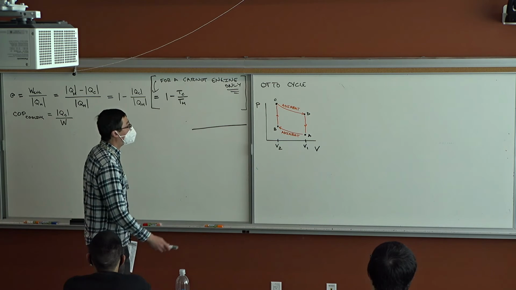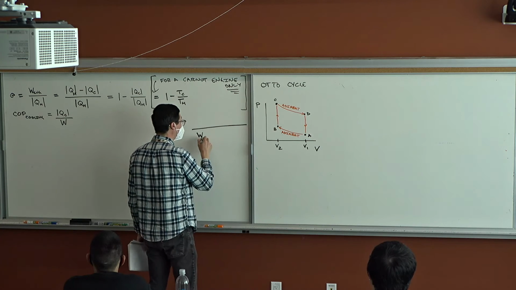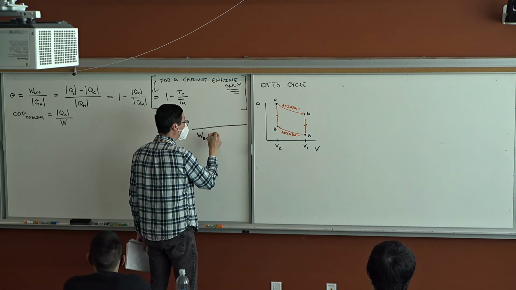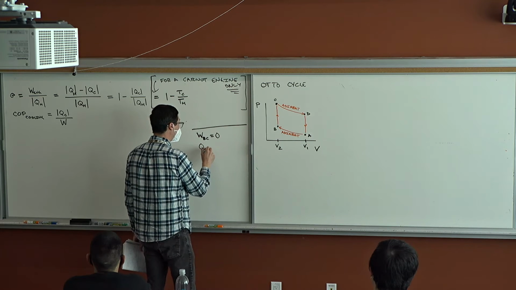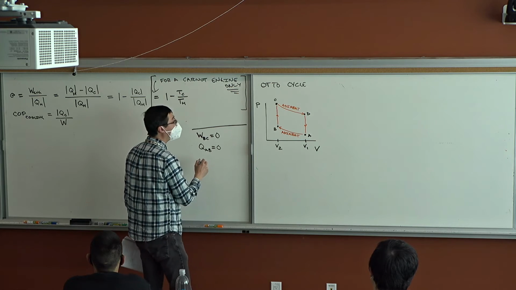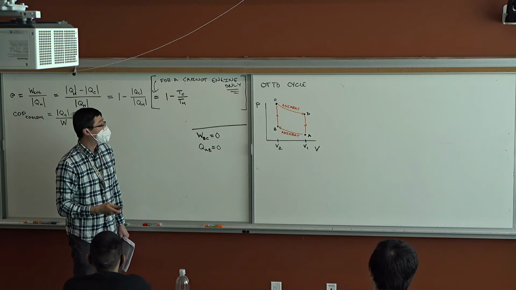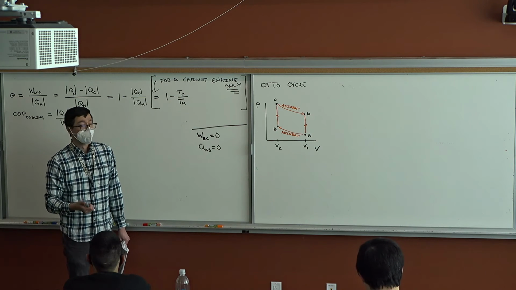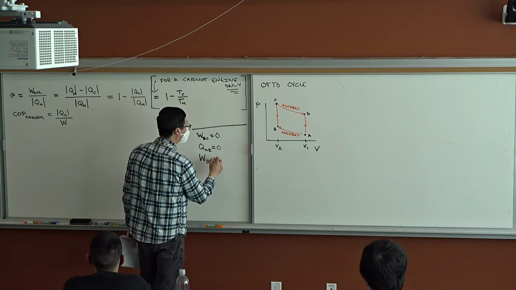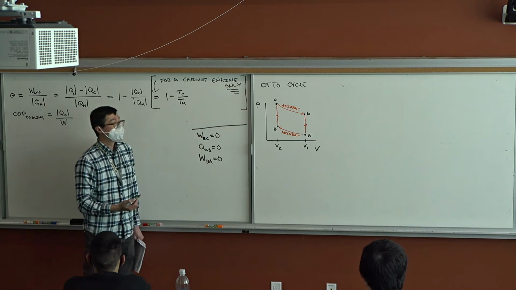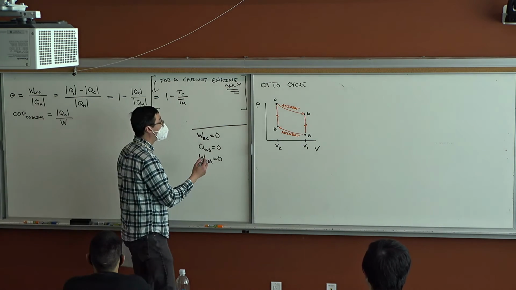Work is 0 from B to C. And D to A. Work from B to C is 0. Heat from A to B is 0. It's an adiabat, so, okay. What else? Work from D to A is 0. Heat from B to C is greater than 0. Positive. There's one more you can give me. Q from C to D is 0.